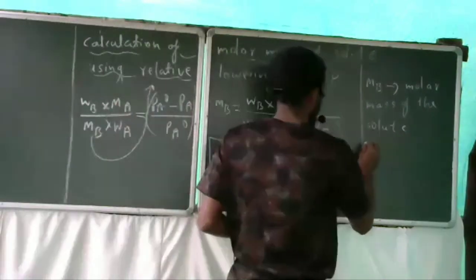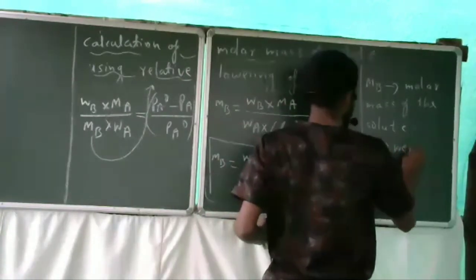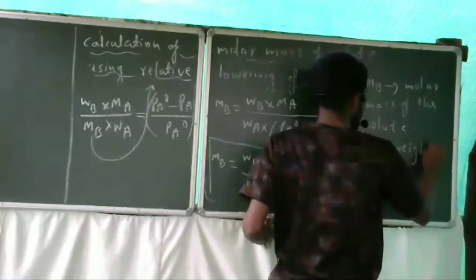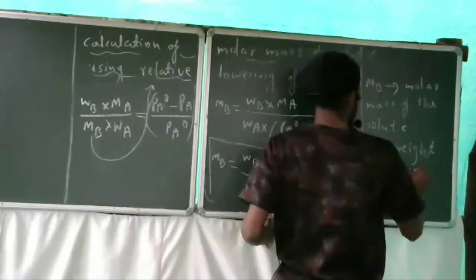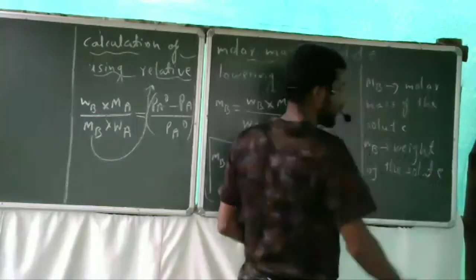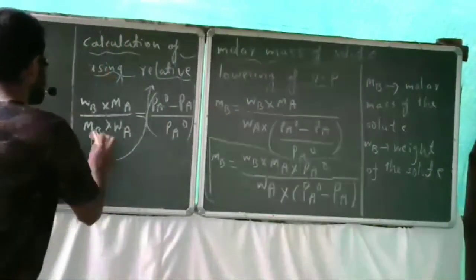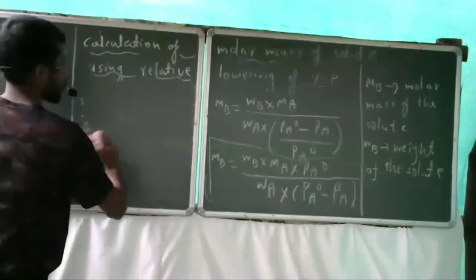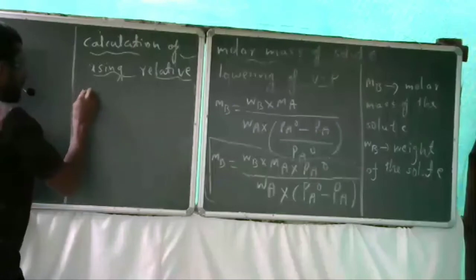Then we have Wb. Wb is weight of the solute. Next, Ma is there.